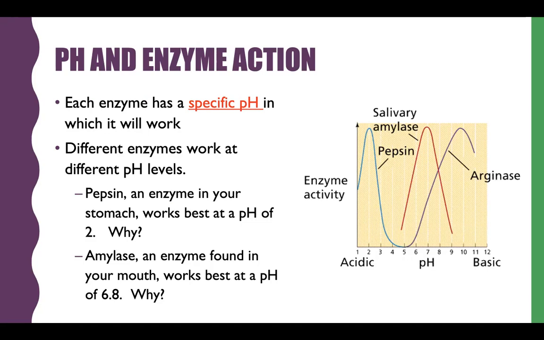The reason why is because of digestive juices in your stomach, and your stomach is very acidic. Remember how we talked about 1 through 6 being the acidic levels on the pH scale? So if it has a pH level of 2, it likes a very acidic environment, okay?